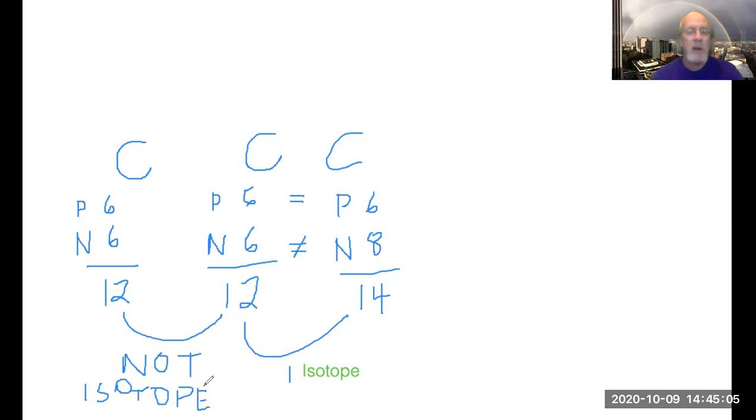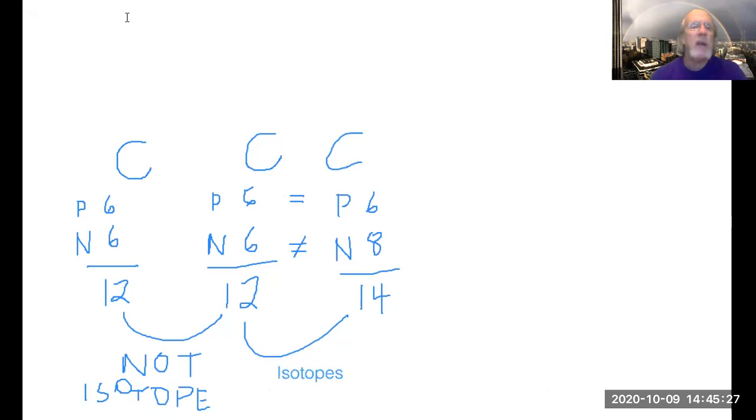So this is not an isotope, while this group over here is an isotope. All right. So this one is an isotope. We'll put that wording back in there. These are isotopes. So you'll need to remember that word, isotopes.